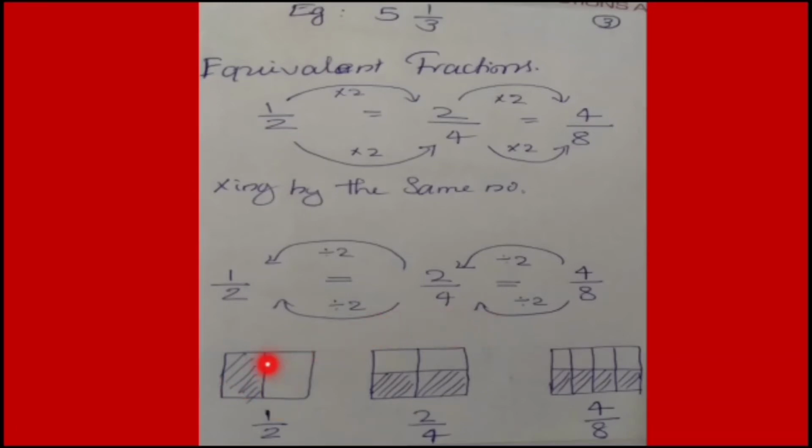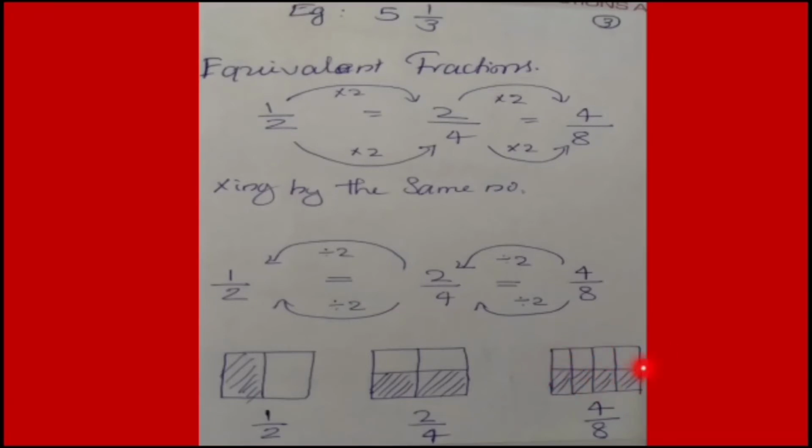Here I have taken the same rectangle and divided it into 4 parts. Among that, 2 parts I have shaded. So you can represent it as 2 divided by 4. The parts which I have shaded are 2 out of 4. Here I have taken the same rectangle and divided it into 8 parts, and 4 parts I have shaded.